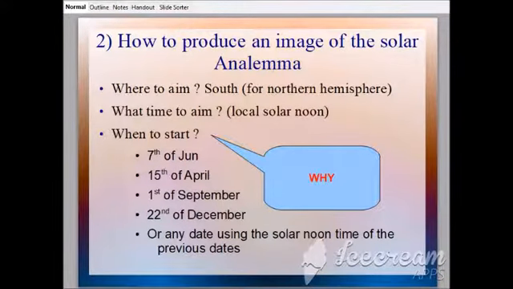What if you want to start, say, in October, not on any of these dates? You would still have to use the local solar noon of any of these dates in order to have a straight up analemma. Otherwise, if your time is shifted, you'll see it leaning to one side or the other.